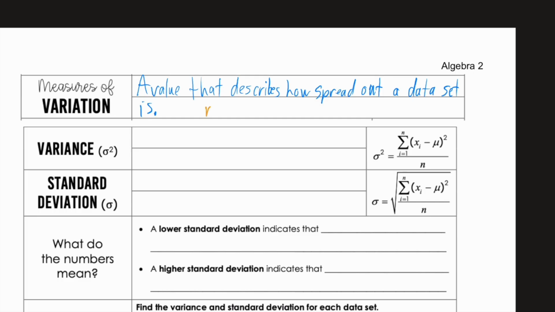They could also be thought of as measures of dispersion. If you ever heard of someone saying disperse, that just means spread out.